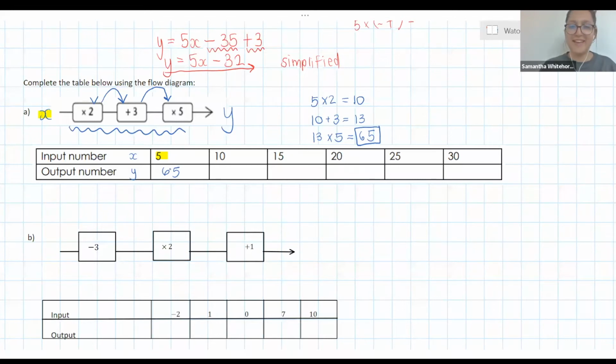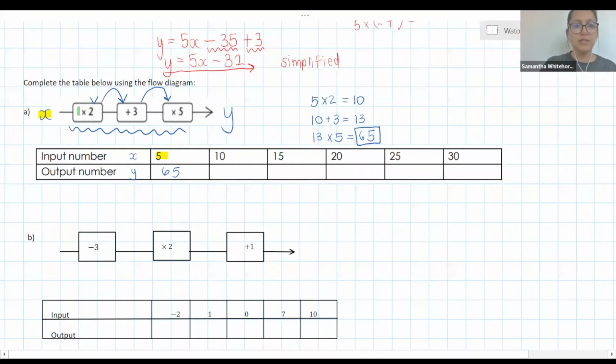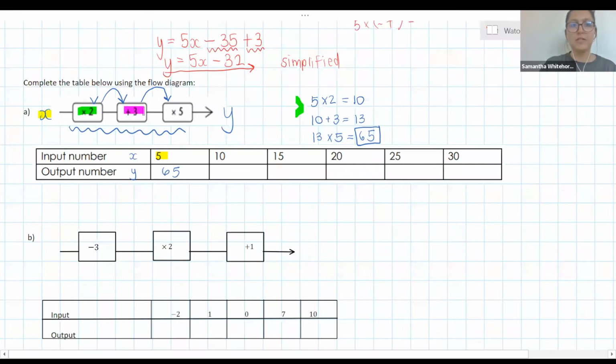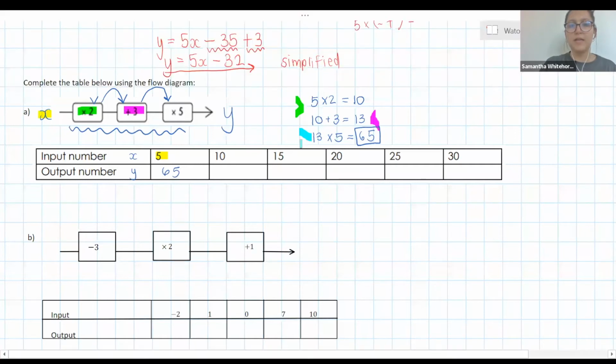So again, we take our input, we perform the operations that we need to do. To remind you, this times 2 we did in our first step, because that's what it told me to do. I then did the plus 3 in my second step. Each time I'm taking the answer and applying it, and then I'm timesing by 5.